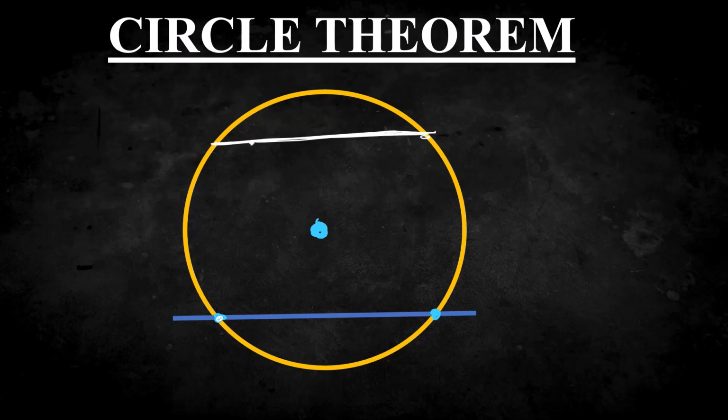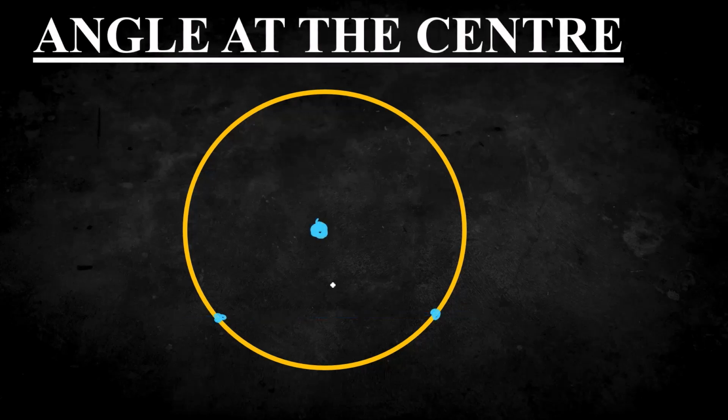So this one is a chord and this one is a secant. Very important. All right, so that's that. Knowing the parts of a circle will help us understand the theorems very well. Let's look at the first property here.